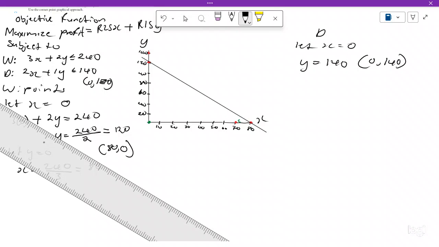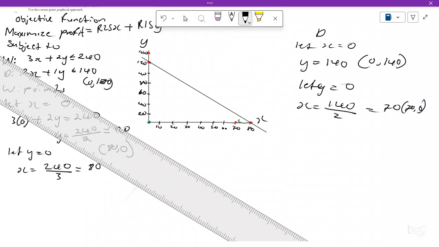The habit of writing these points will save you a lot. Let y is equal to 0, then x is equal to 140 divided by 2. Then that is your 70. So 70, 0. Then now 140 and 70.